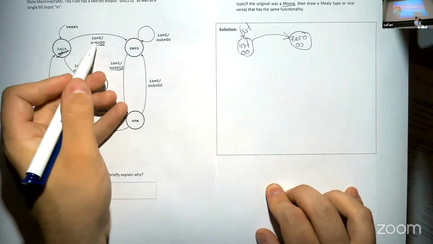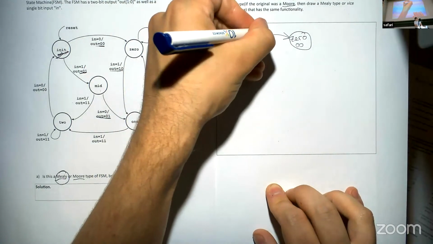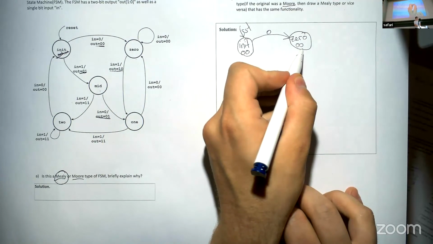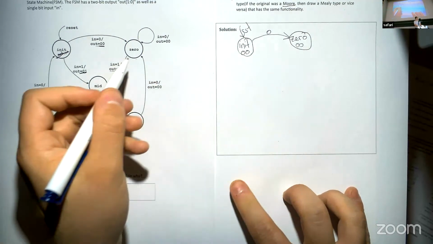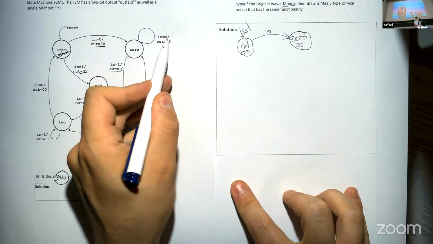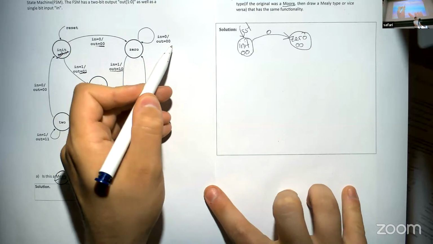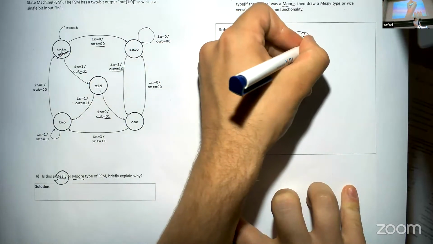Okay, so this edge is on the input 0. The output is 0, 0 on that state. That's all good. Now, from here, if you get another 0 as input, we would go back to the same state and give the output 0, 0. So this works with the same state, no problem.